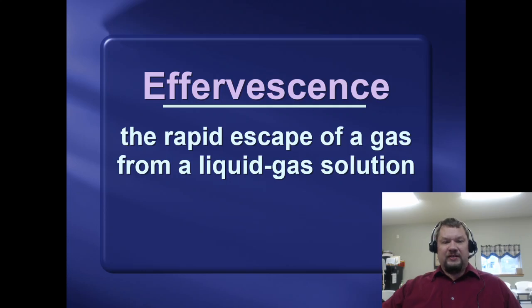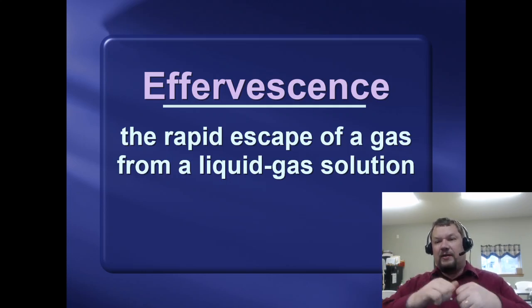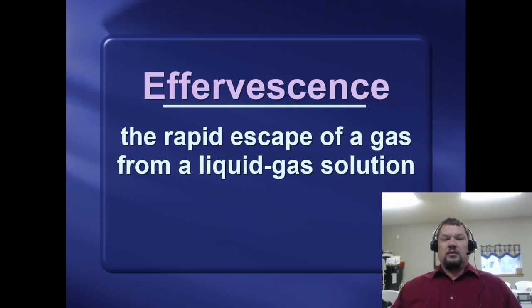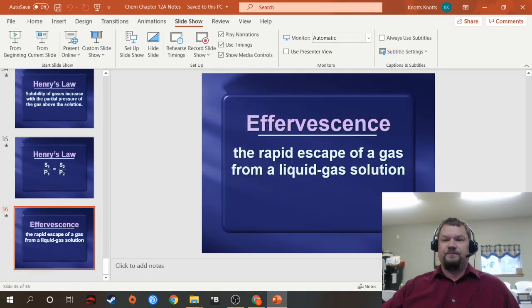Of course, it's illustrated by that same illustration of opening up a bottle of Coke. When the 4.5 atmospheres of pressure above the solution is removed, the solubility of the carbon dioxide in the beverage decreases and the excess gas escapes. This is called effervescence. It's the rapid escape of a gas from a liquid gas solution.